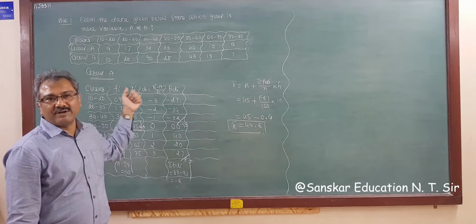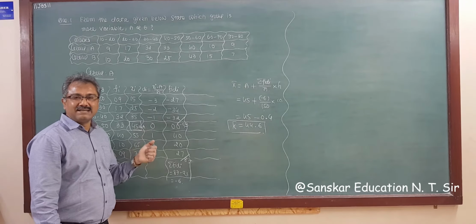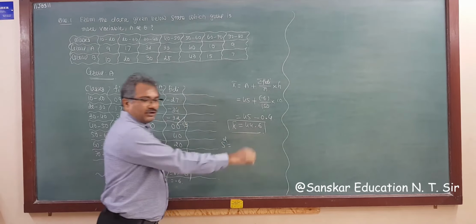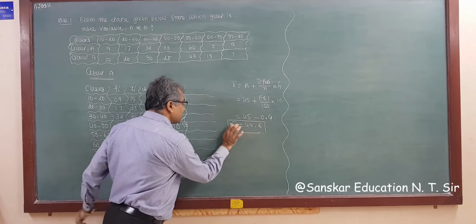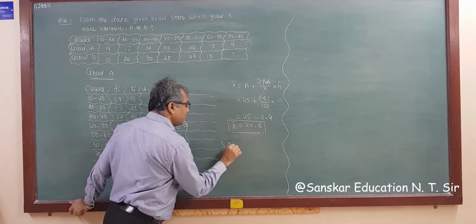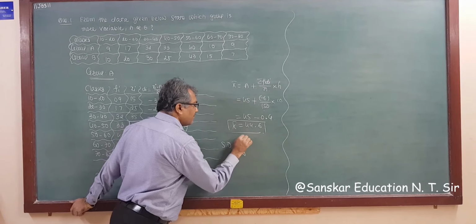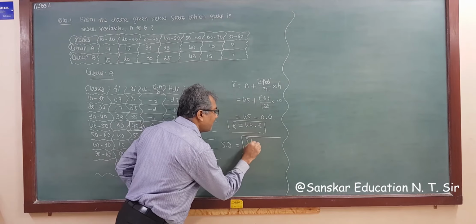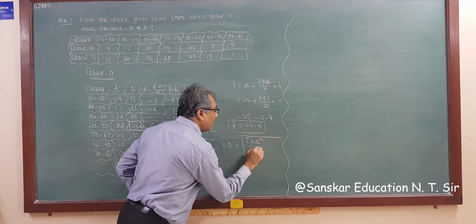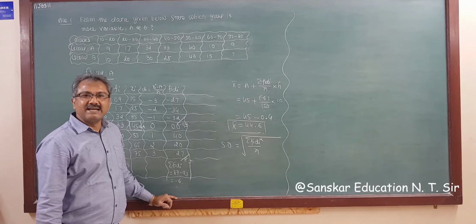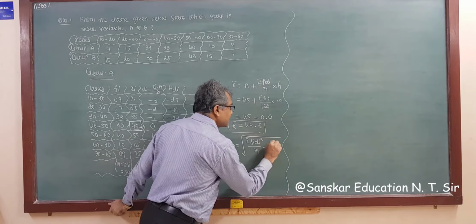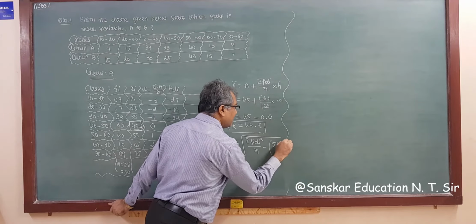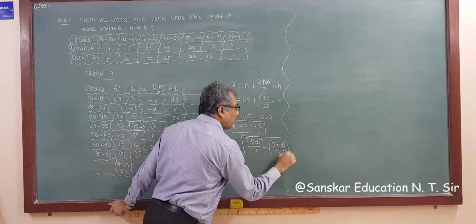For CV, we have to find the variance. The standard deviation SD is equal to the square root of sigma Fi Di square upon N minus sigma Fi Di upon N whole square.